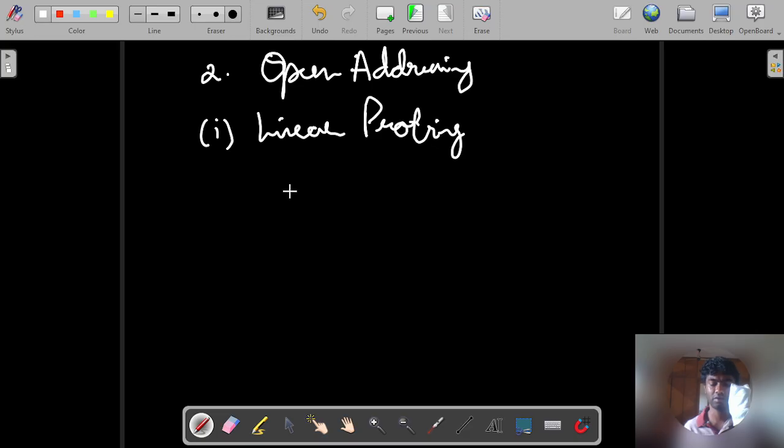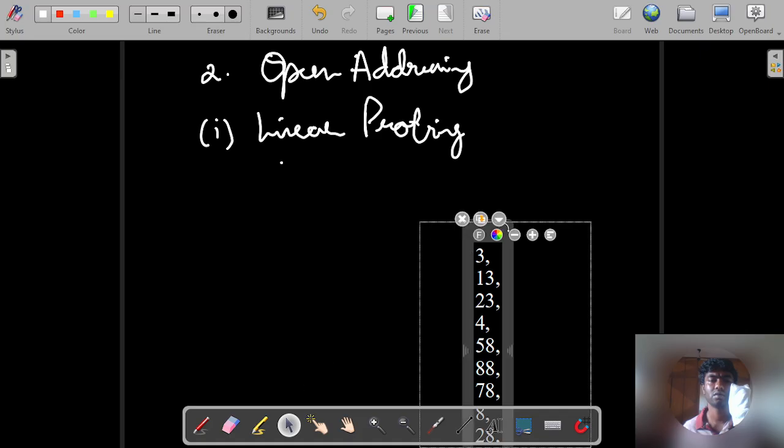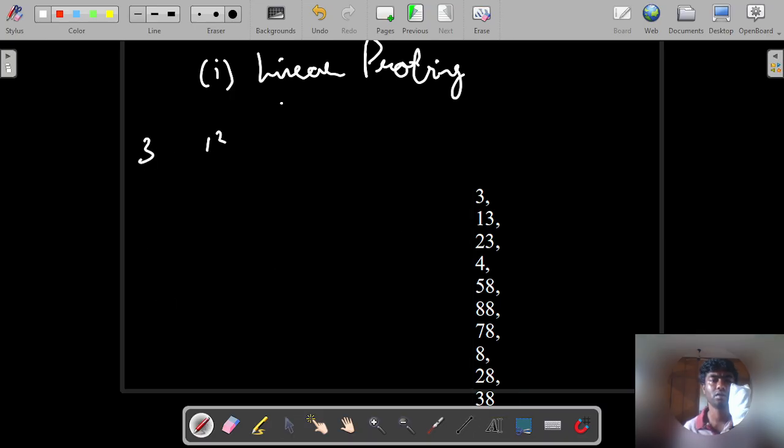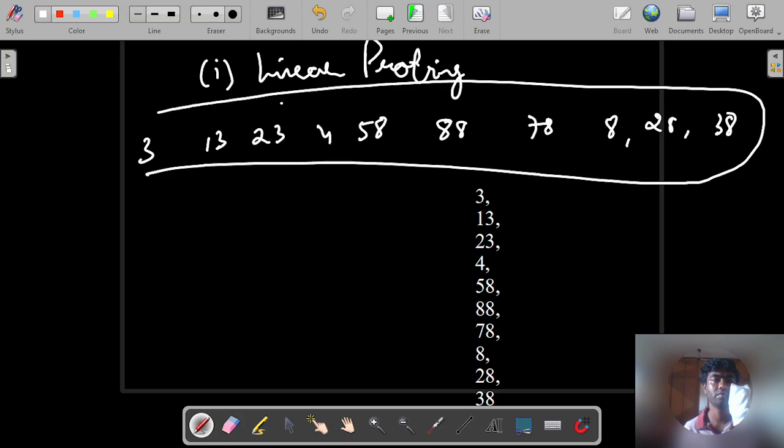Let's take an example of what we had here, where I had 3, 13, 23, 4, 58, 88, 78, 8, 28, and 38. So these were the 10 different values that we have.